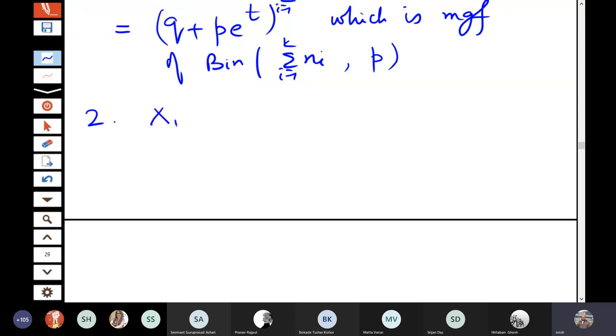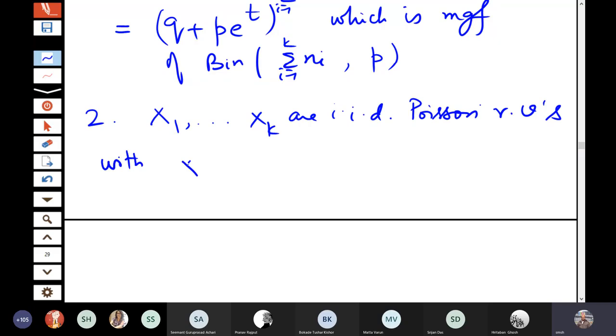Suppose I consider, say, x1, x2, xk are IID Poisson random variables with xi following Poisson lambda i, i equal to 1 to k, and y is of course sigma xi.